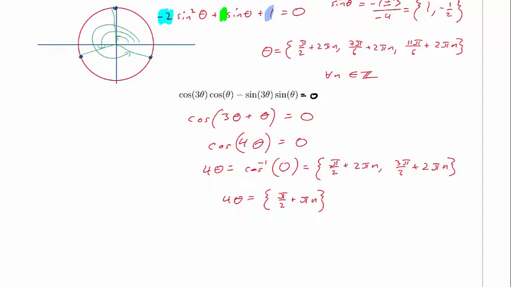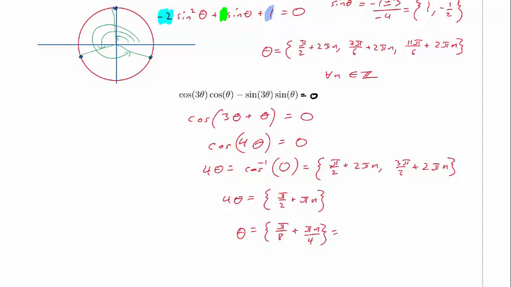Now we're not done, because we're looking for all the angles theta, not 4 theta. So what we're going to do is just divide both sides by 4, and we find that theta equals pi over 2 times 4, which is pi over 8, plus pi n divided by 4.